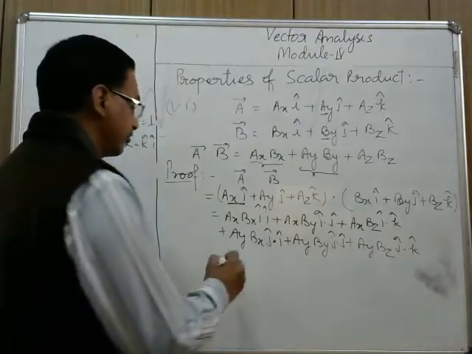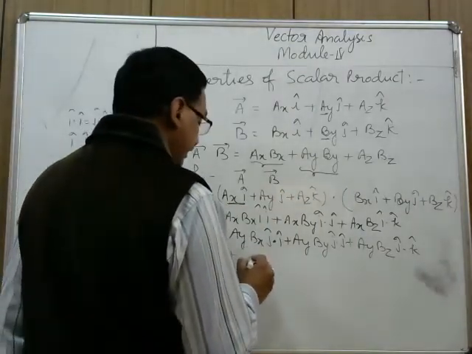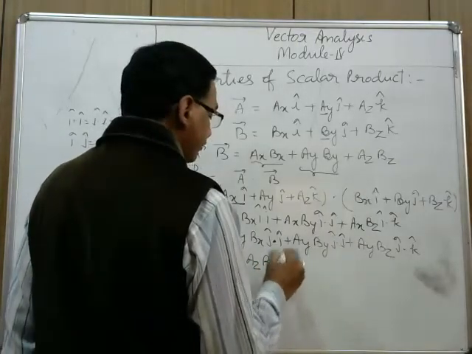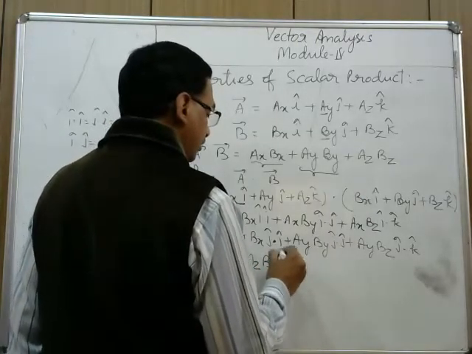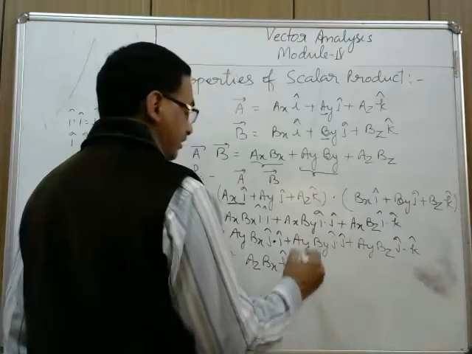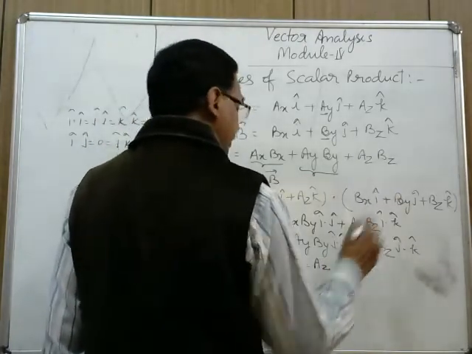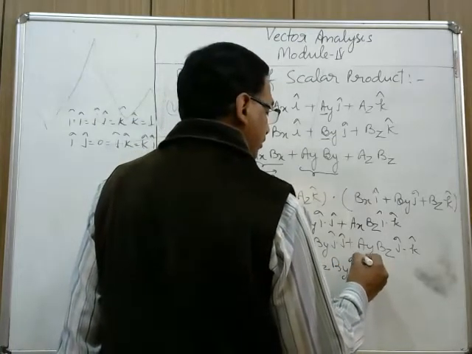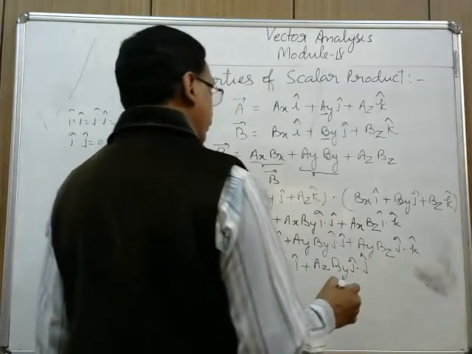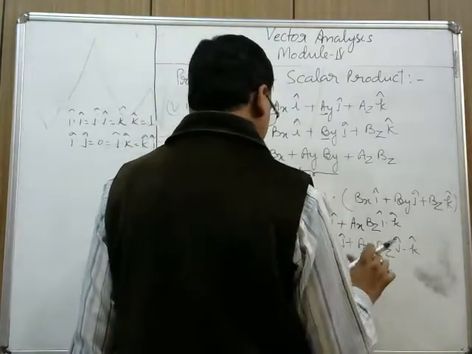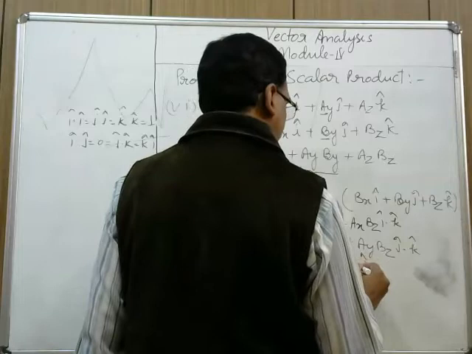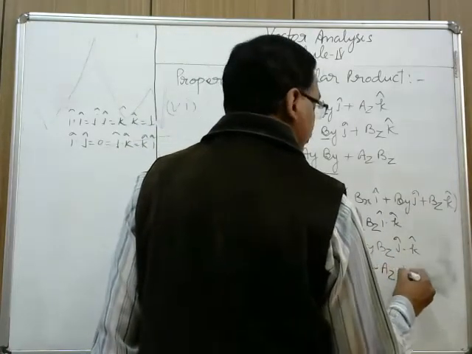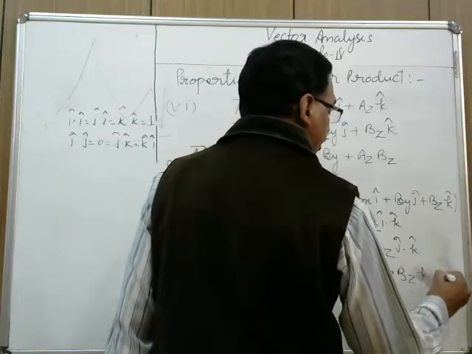Then with this plus Az multiplied by Bx k dot i, plus Az multiplied by By k dot j, plus Az Bz k dot k.